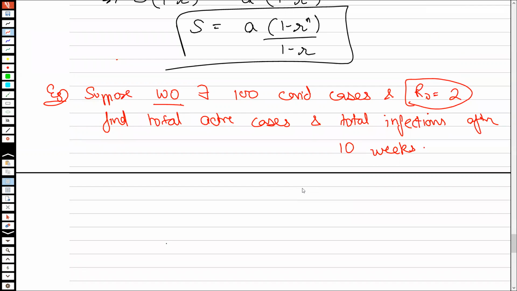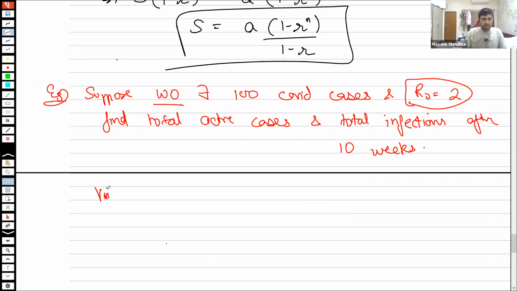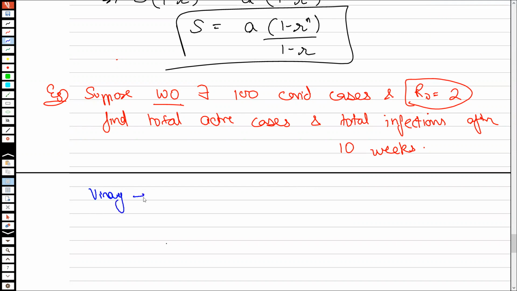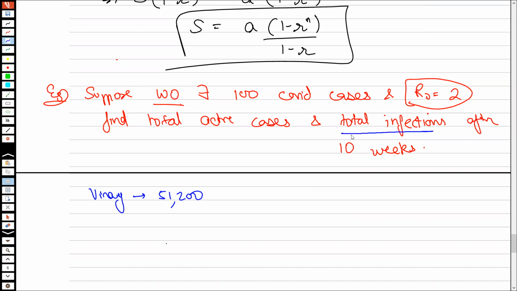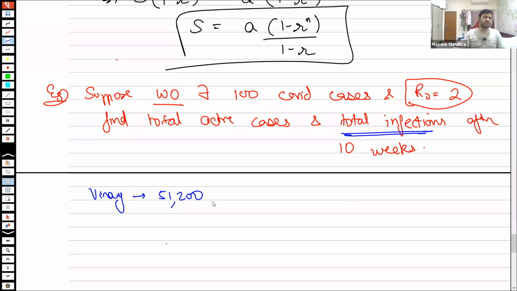So 51,200. Okay. So Vinay's answer is, what is it? Total active cases or total infections? Total infections. So let's just report total infections. Just forget total active cases.